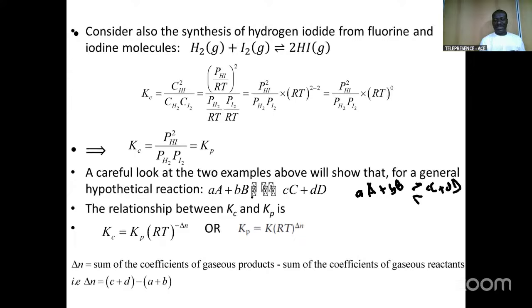The equilibrium sign is missing here. How do we establish the relationship between Kp and Kc for this reaction? Just like we have done, let me quickly go through that with us.